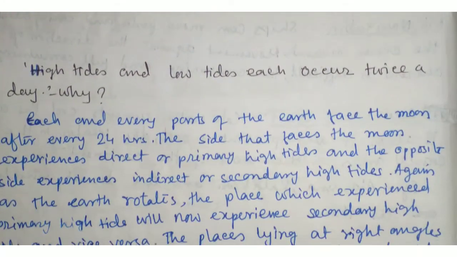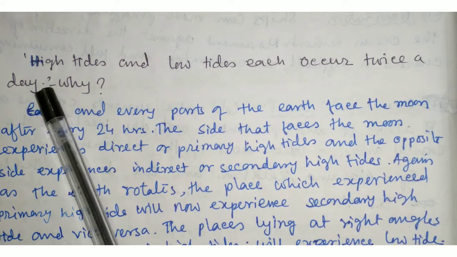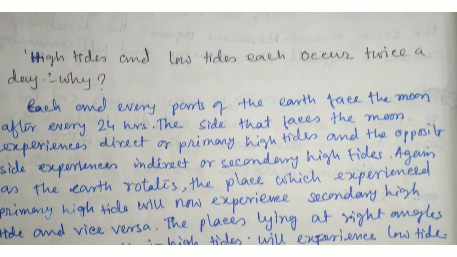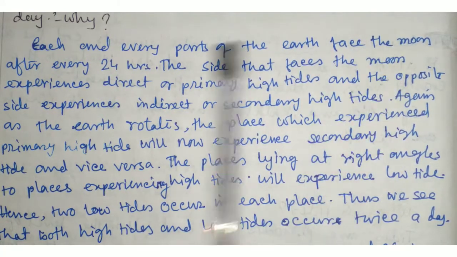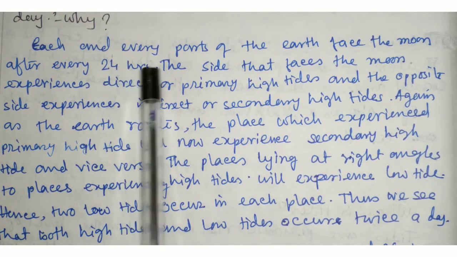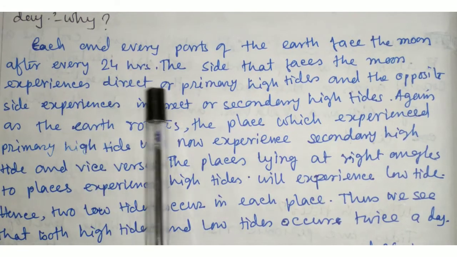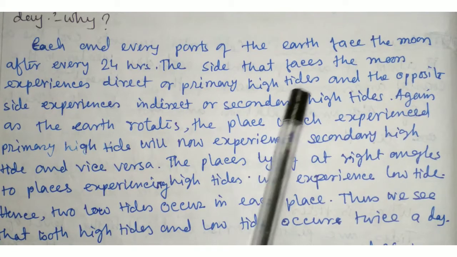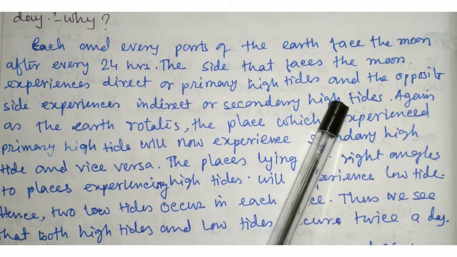High tides and low tides each occur twice a day. Why? Each and every part of the earth faces the moon after every 24 hours. The side that faces the moon experiences direct or primary high tide and the opposite side experiences indirect or secondary high tide.